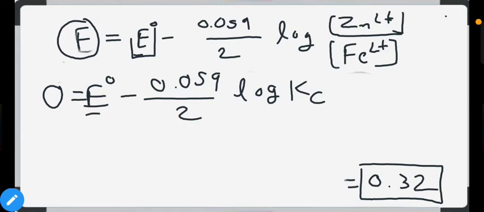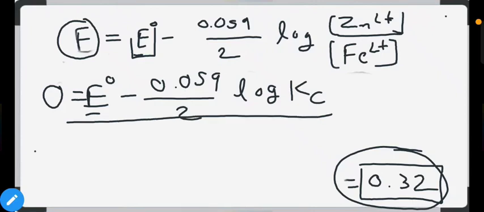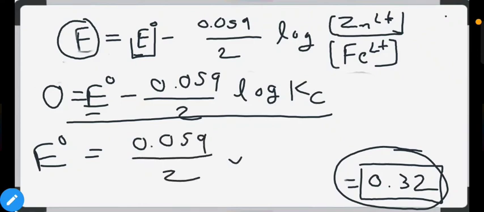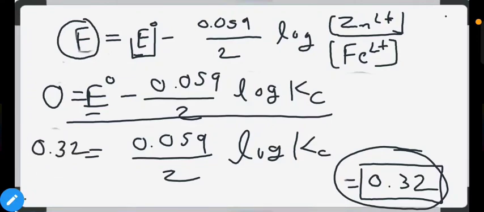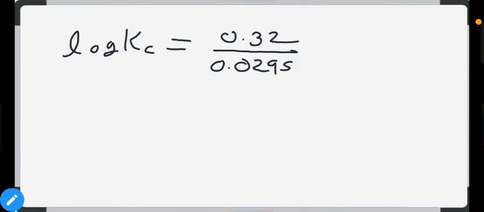Now the standard cell potential value we already derived, which is equal to 0.32, and we can rewrite this equation as follows: standard cell potential is equal to 0.059 divided by 2 into log Kc, where the standard cell potential is 0.32. So log Kc is equal to 0.32 divided by 0.0295, which is 0.059 divided by 2.